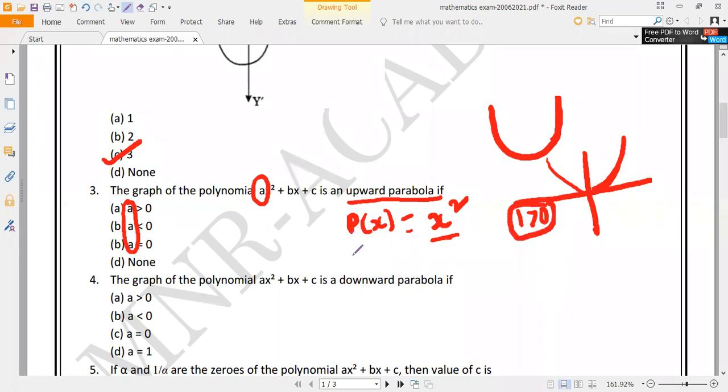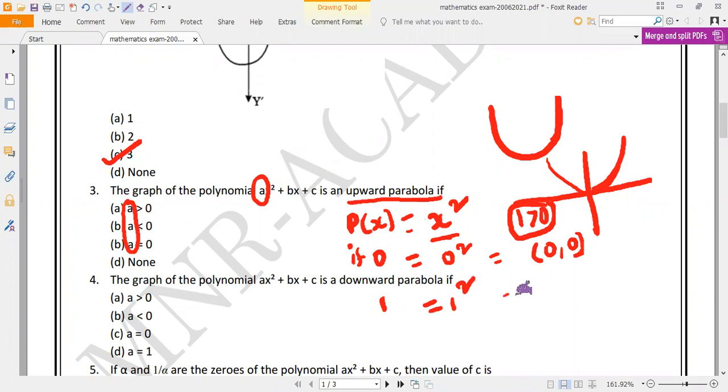So if x equal to 0, take some points. If x equal to 0, what is the value? 0 square is equal to 0. The point is 0 comma 0. X value 0 and y value 0. Suppose x equal to 1. What is the value? 1 square, correct?